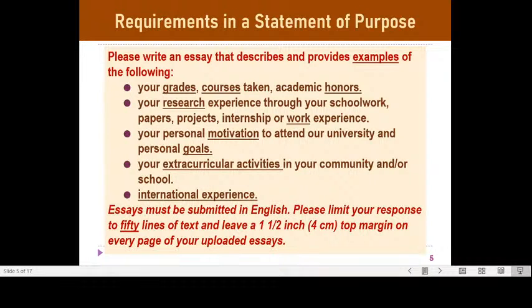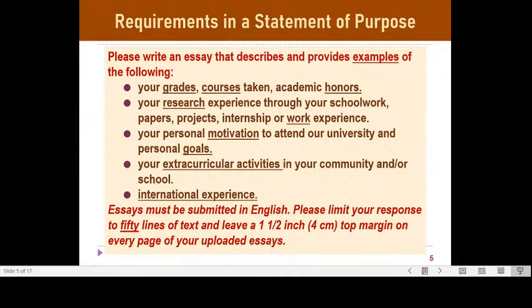They would say, for example, please write an essay that describes and provides examples of the following: your grades, courses taken, academic honors, your research experience through your coursework, papers, projects, internship or work experience, your personal motivation to attend our university and personal goals, your extracurricular activities in your community and or school, and your international experience. They would also say something like, essays must be submitted in English.